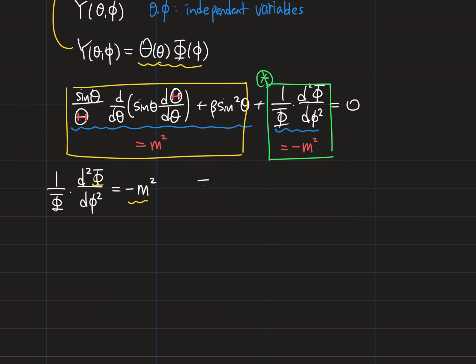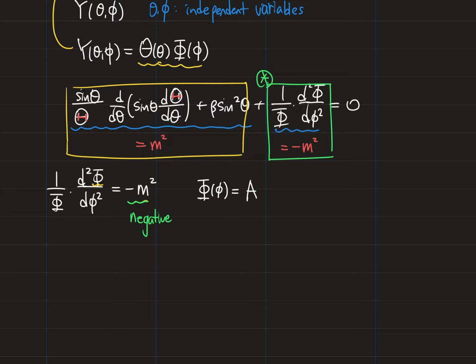So this differential equation can be satisfied with an exponential function, right? But now you have the minus m squared here, which means that the value should be negative. So you need to introduce the imaginary number.